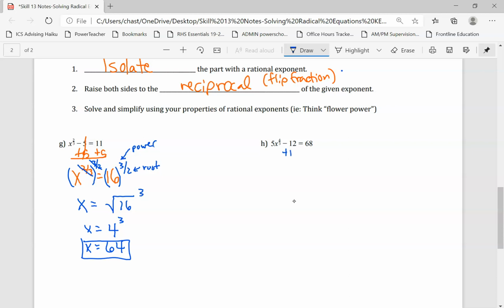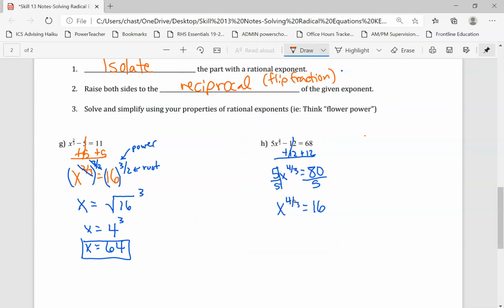On the next one, we're going to add 12 to both sides. So we get 5x to the 4/3 equals 80. Divide by 5. We get x to the 4/3 equals 16.